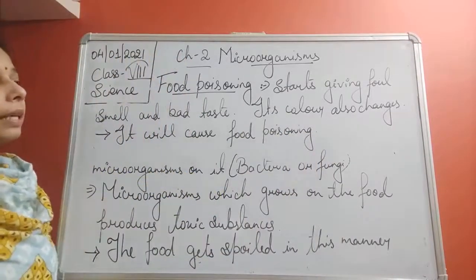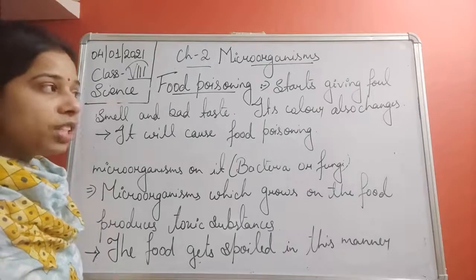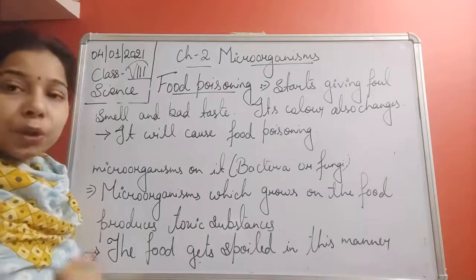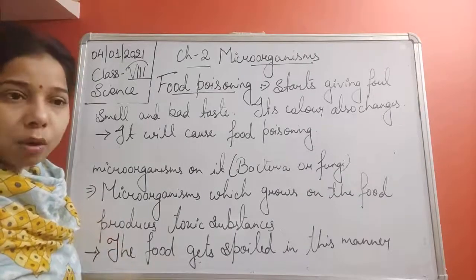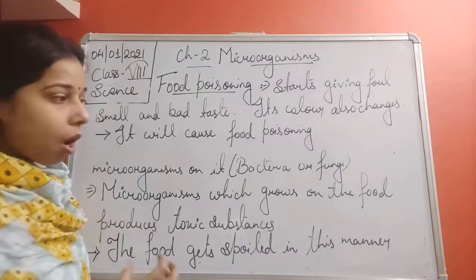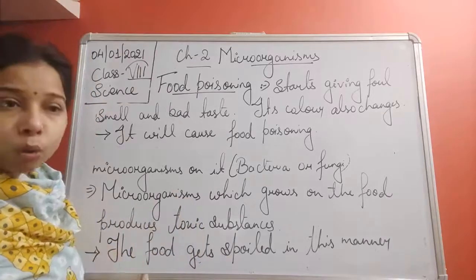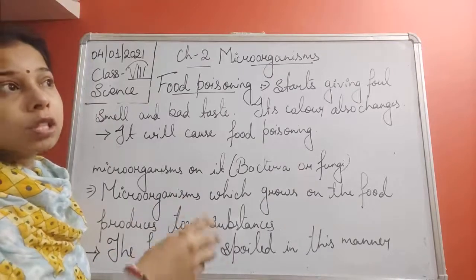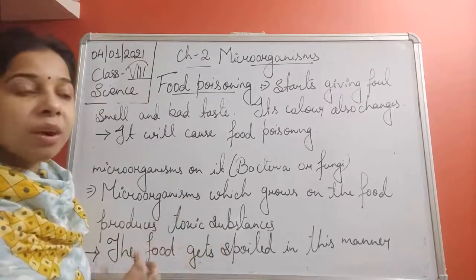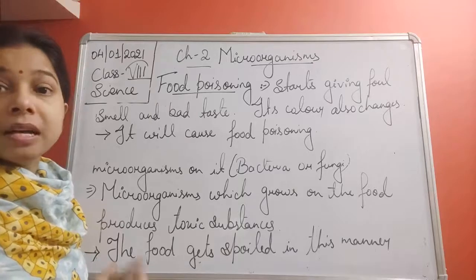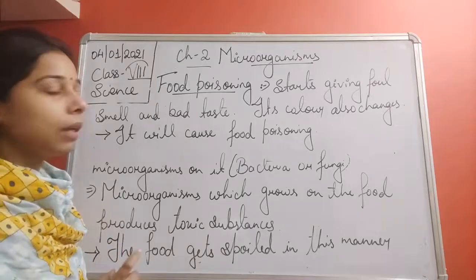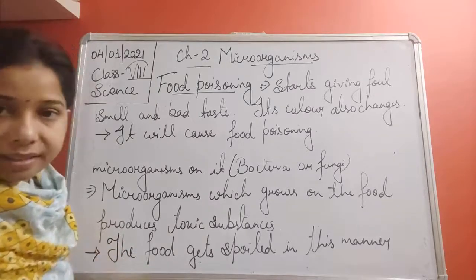So we can say that the disease which is caused due to the attack of the microorganism on it, or due to the growth of microorganisms which produce toxic or poisonous substances on the food, is called food poisoning.